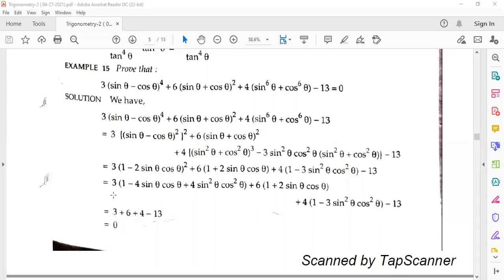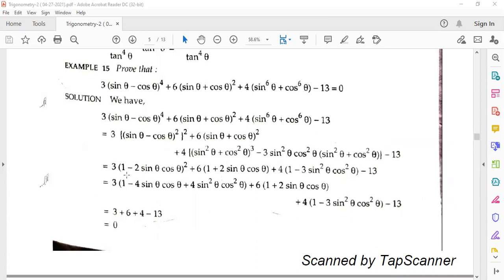Now we put this one as (1 minus 2 sin theta cos theta) whole square, right? 1 minus 2 sin theta cos theta whole square. If we consider 1 equal to a and 2 sin theta cos theta equal to b, then it is similar to the a minus b whole square formula.